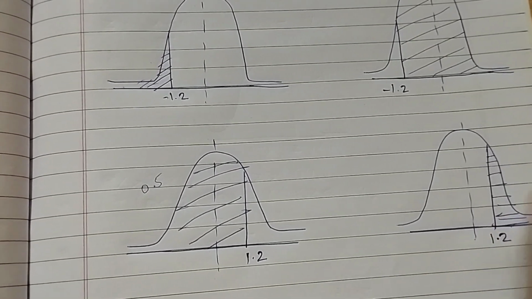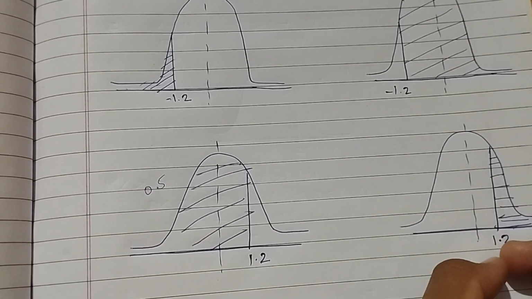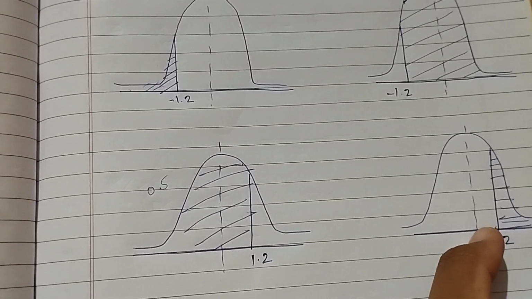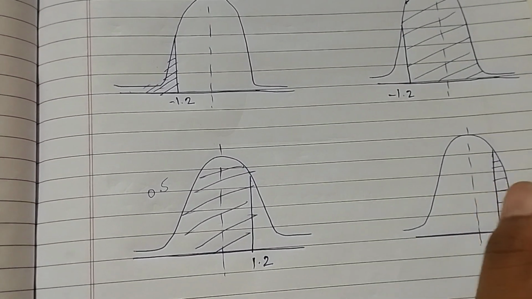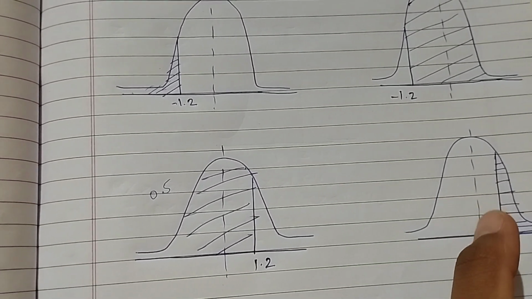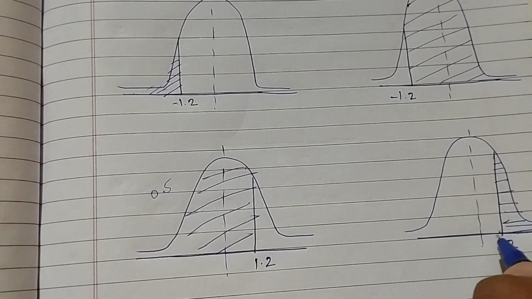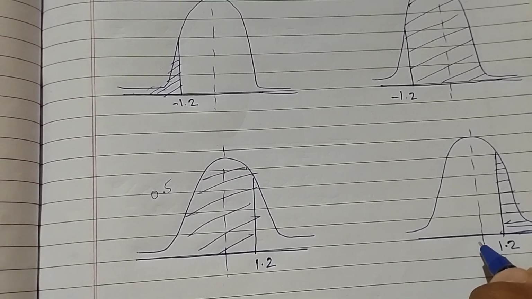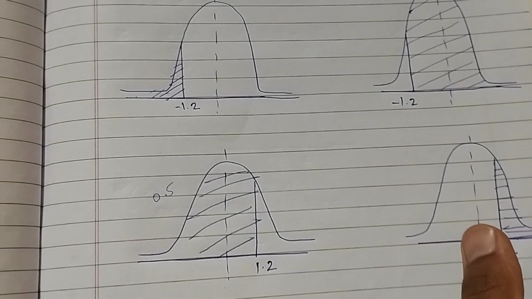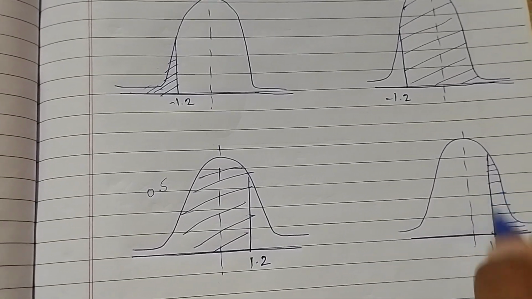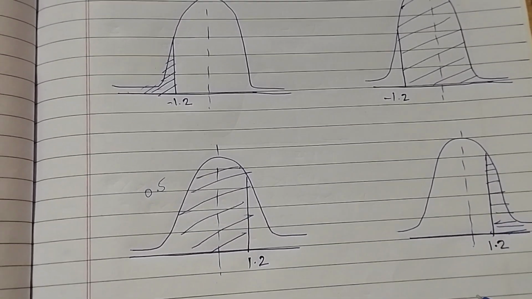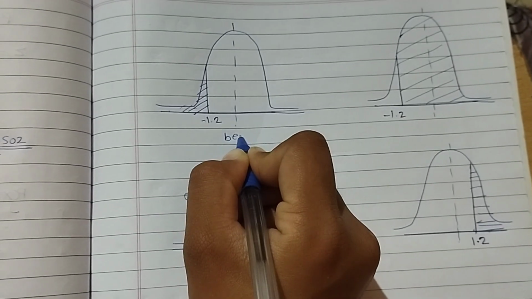Subtract the area of 0 to 1.2 from the 0.5, because we know the upside of the curve is equal to 0.5, and once we subtract the value from 0 to 1.2 from the 0.5, we get the remaining area. These are the cases for the below.